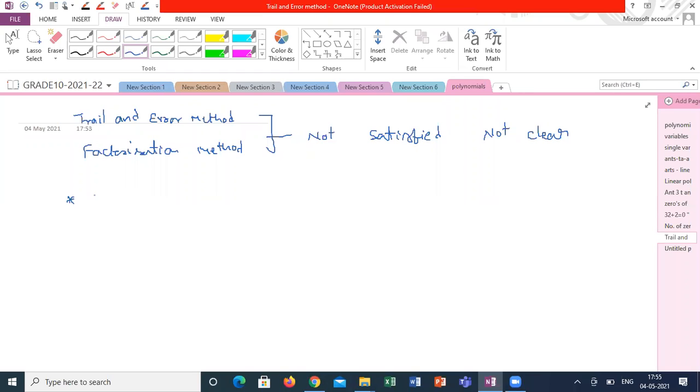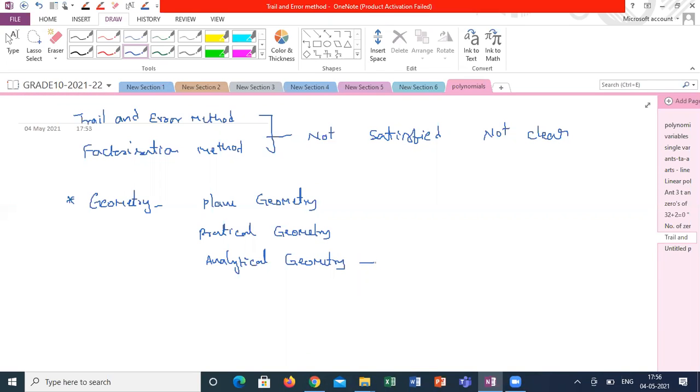That's the reason they used the concept of geometry to explain. There are different kinds of geometries we are having: plane geometry, practical geometry, analytical geometry. In analytical geometry, we are having some categories.